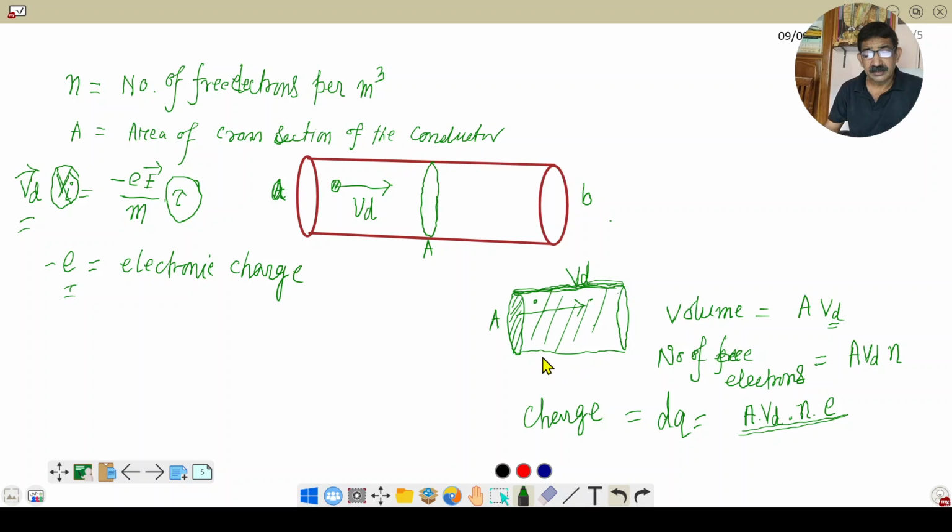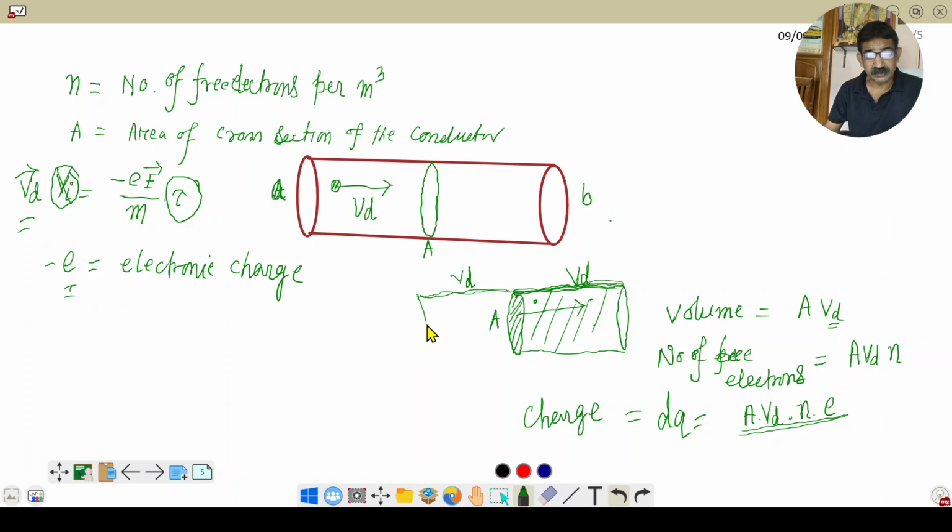We are concentrating on the 1 second journey of the electrons. When the second starts, the first electron enters, and when the second ends, the last electron enters, and in 1 second electrons move with velocity Vd.